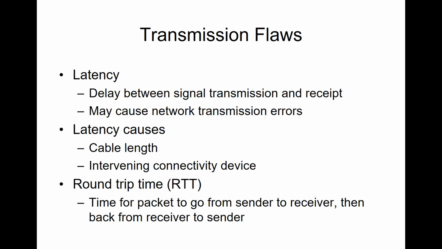So latency is caused by two things. The cable length, how long a run we have. So obviously from here to Germany is significantly longer than from here to our administration building. And any devices in between, because each device in between adds some latency or length of time for it to work. So there are businesses that worry about that.